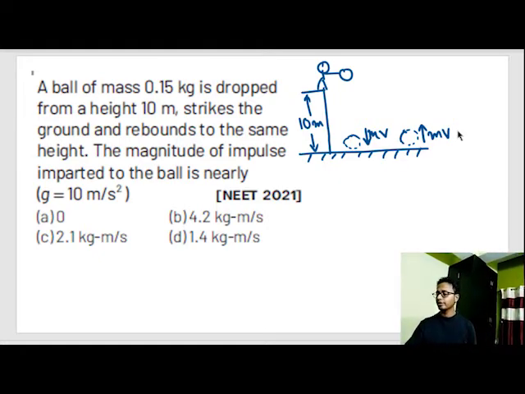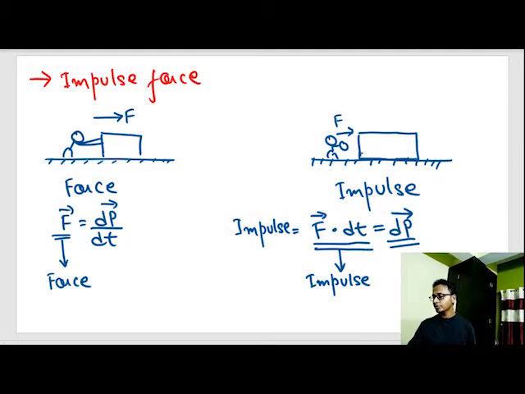Now before solving any problem, let's determine the direction. Downward is determined as positive and upward is determined as negative. You can take the opposite also, but make it consistent. Your answer will be the same. Now from the previous slide, impulse was nothing but the product of F dt, which we measured by the change of momentum.